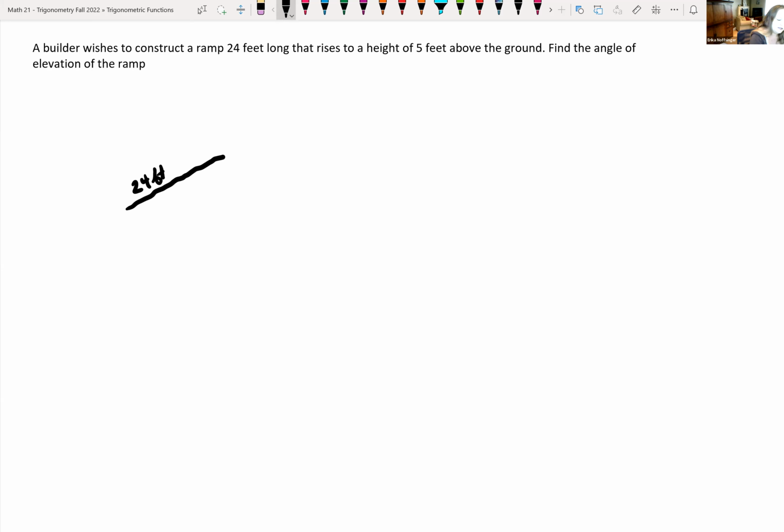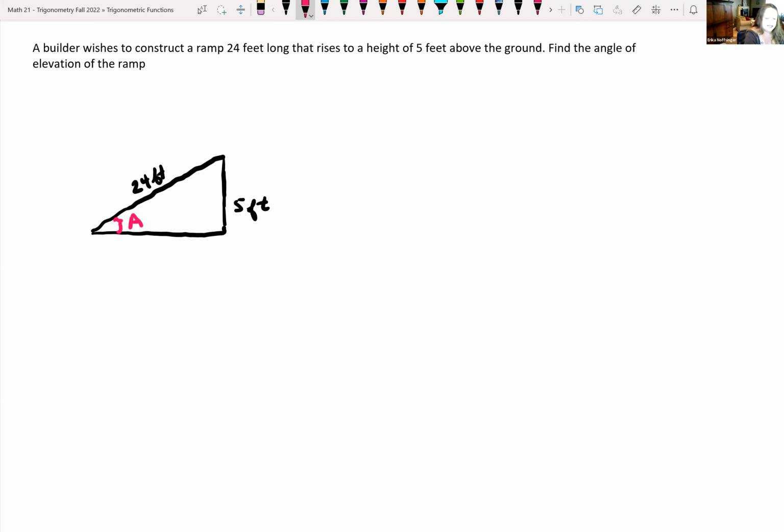We know that the height of that ramp is 5 feet. And we're trying to find the angle of elevation. So from the horizontal up to the ramp, we're trying to find what angle that is.